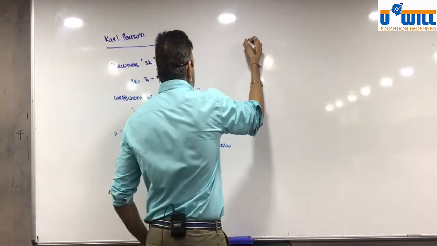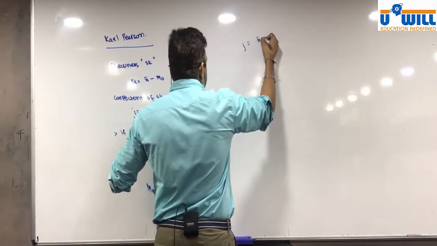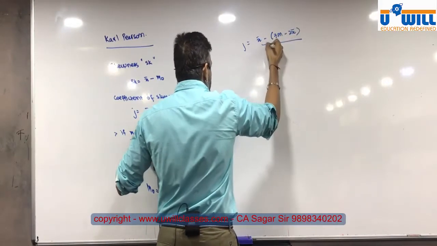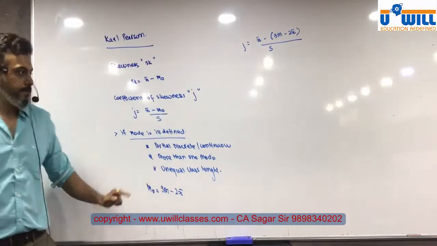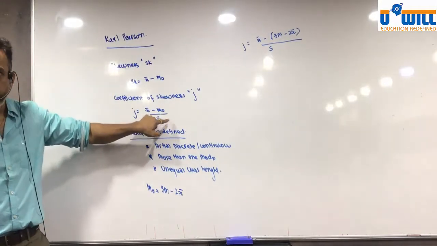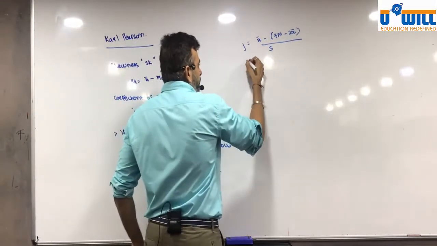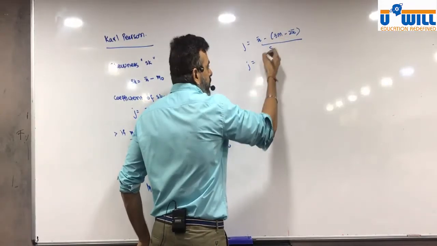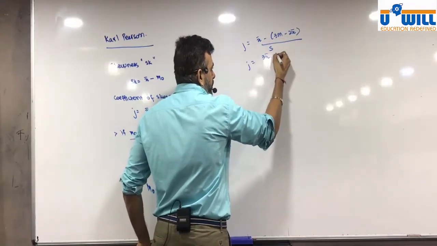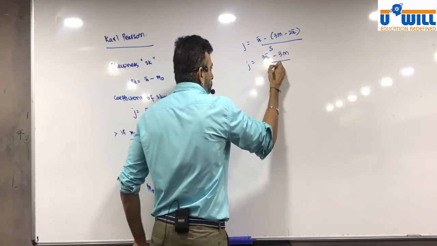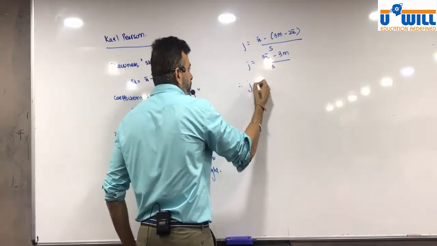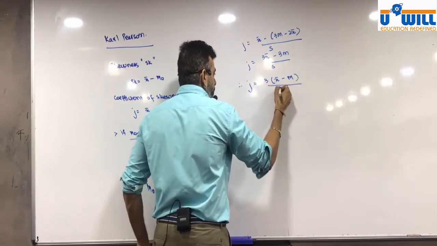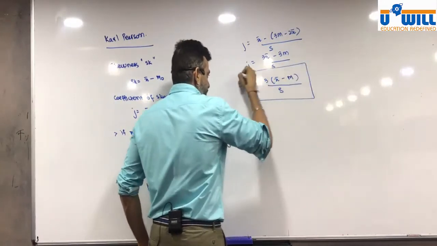So j is equal to x bar minus 3m minus 2x bar upon standard deviation. पता चल रहा है सबको? Now j is equal to x bar minus, and minus will become plus, so it will be 3x bar minus 3m upon standard deviation. Therefore j is equal to 3 common, x bar minus median upon standard deviation.